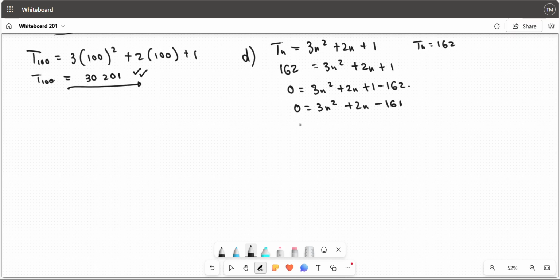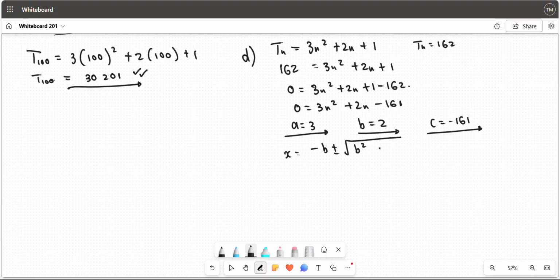We can't solve it using factorization. We need to use the quadratic formula. There is our A, there is our B, and there is our C. So now that we have those, we can easily just substitute into the quadratic formula.